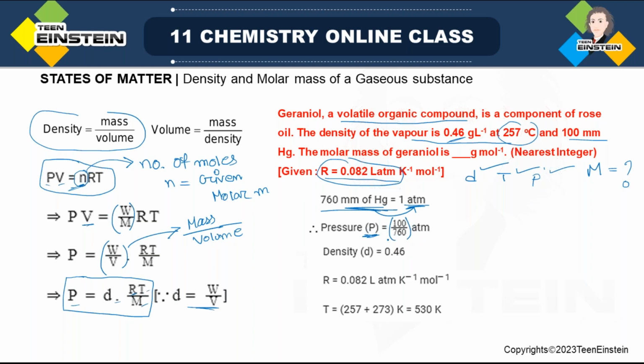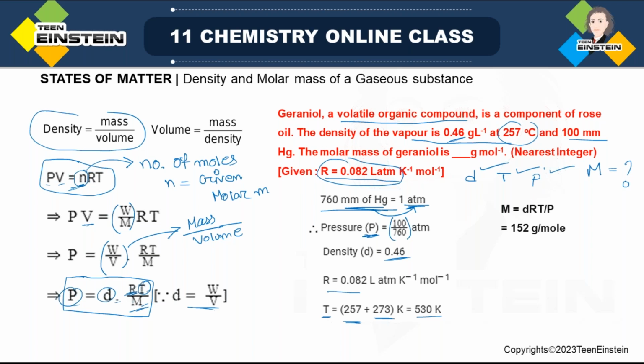So this is the pressure. Density is already given in gram per liter. The R value is given, and you have to convert temperature from degree centigrade to the Kelvin scale, so we are adding 273 Kelvin. So now it is 530 Kelvin. Now we can use this equation P equal to dRT by M. Here d is known, P is known, T is known, R is constant, only capital M we have to find out.